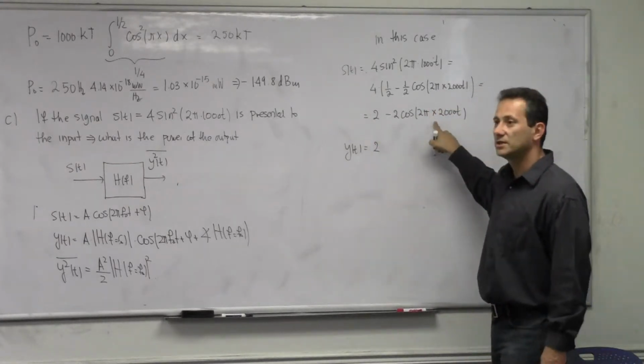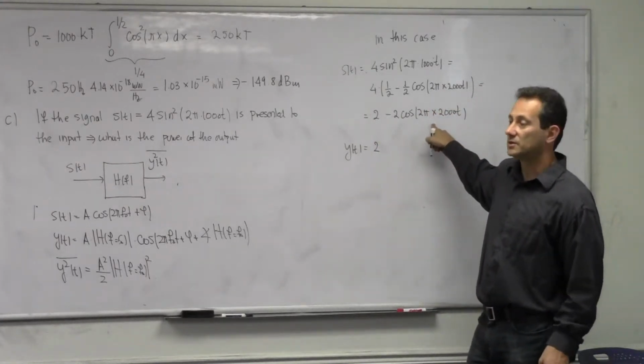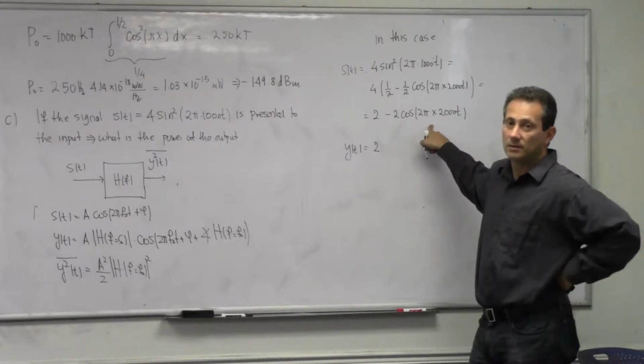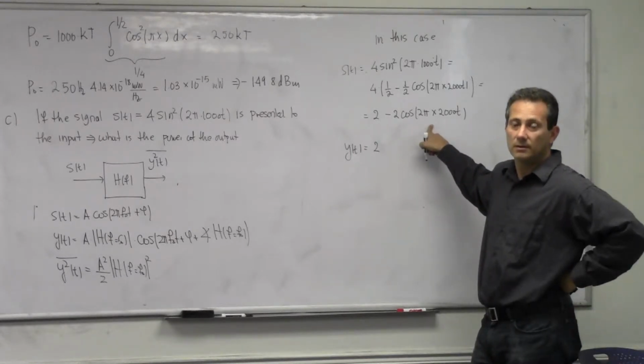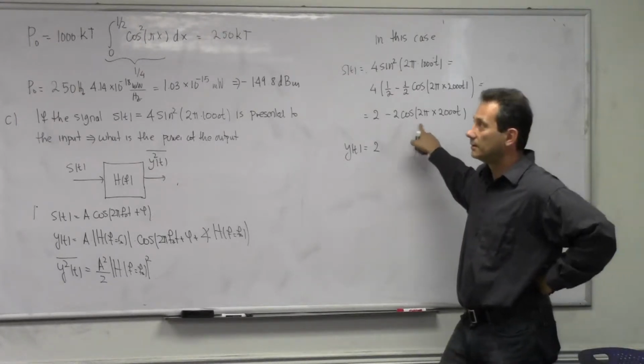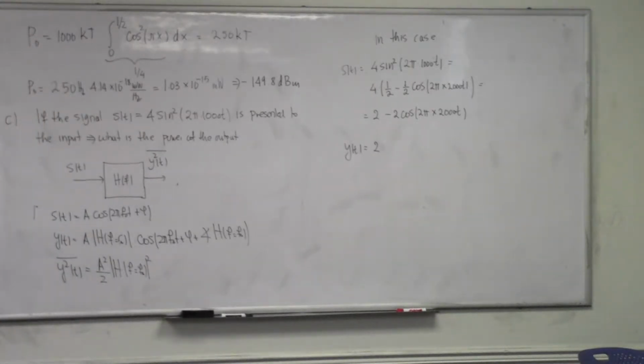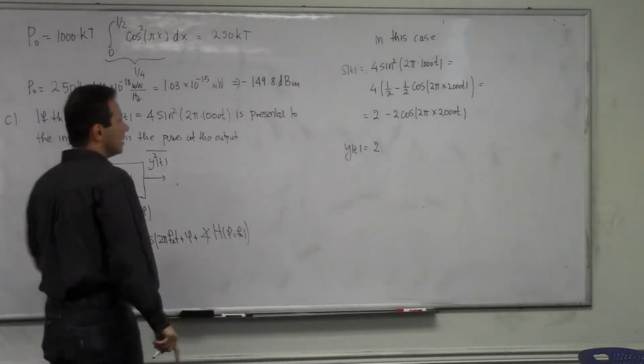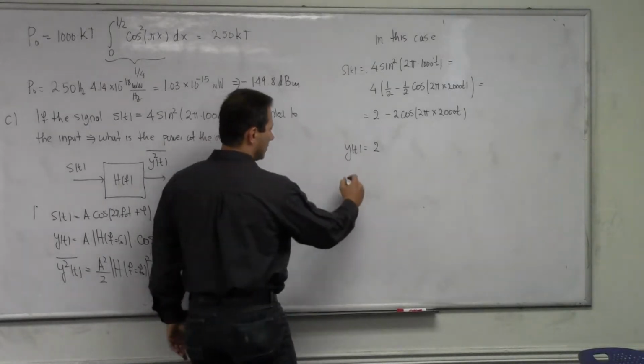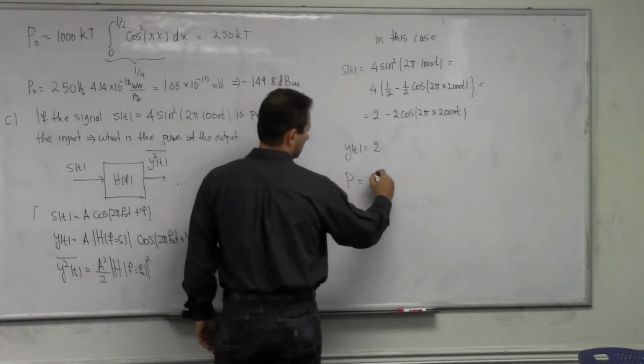What's the response at the frequency f equal to 2000? If f is equal to 2000, what is the response? 0. That's the output. What's the power of the output?